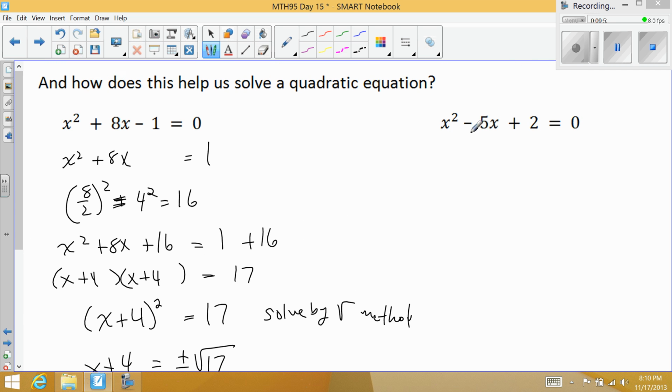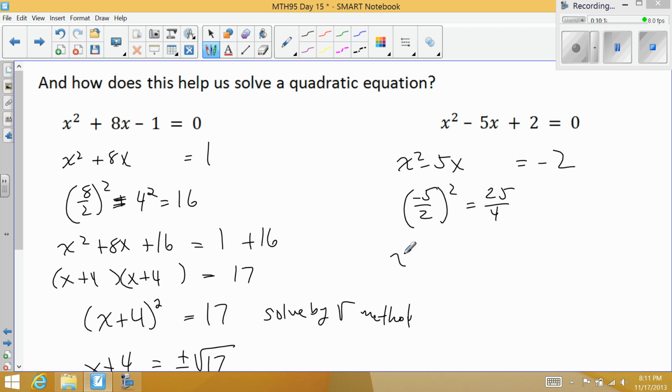This one again gets a little messier just because we've got fractions, but not too bad. Again, the constant that comes with the equation, we move to the other side. Our magic number: take the coefficient of x, divide by 2 and square. That gives us 25 over 4.